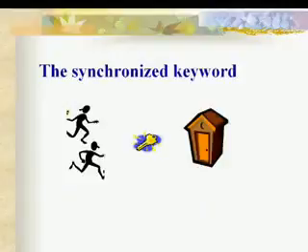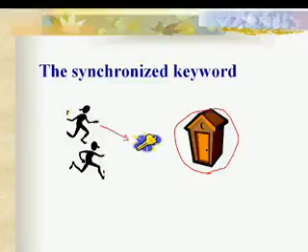Here is a picture describing how the synchronized keyword works. Both these persons are trying to enter the house, but if it is locked, neither of them can. But if we release this lock, a person can enter the house.